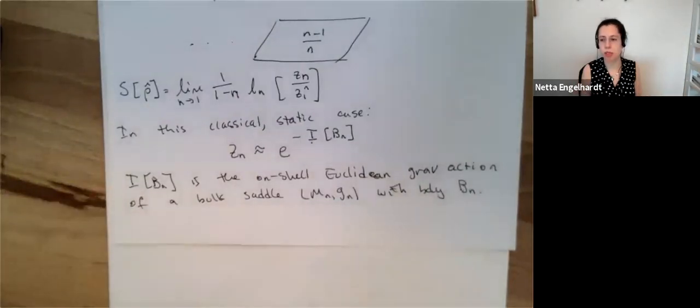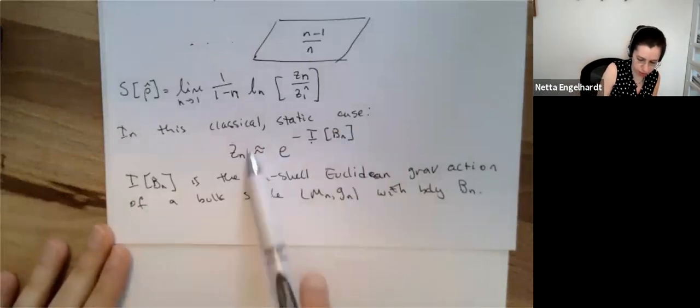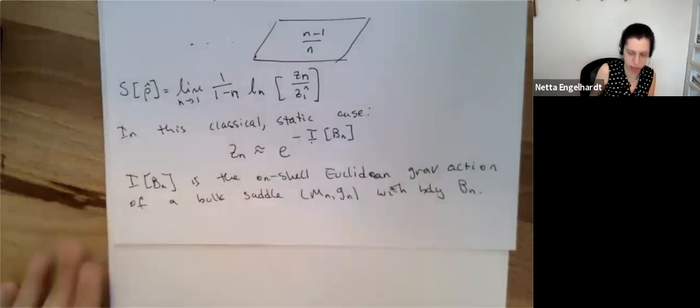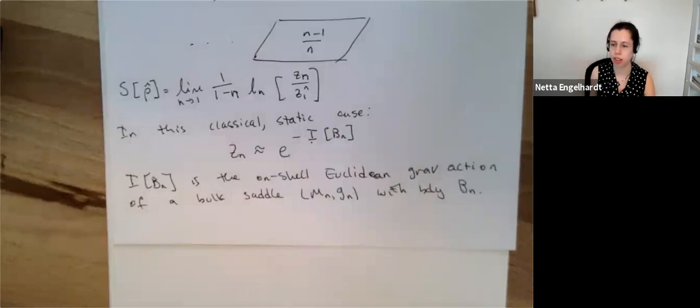Okay, so this is where we use the first principles of AdS/CFT, Z_CFT equals Z_AdS. And the reason that there's no complication in taking this to be the Euclidean action is because we're working both in the classical limit and in the static case, which means we have a Euclidean continuation that we can easily take.